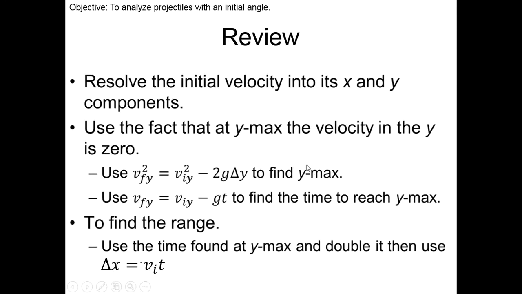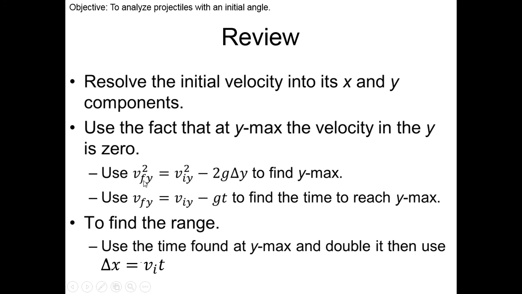Okay, so let's review this real quick and see if you can get a practice problem done here on your own. What we want to do is resolve the initial velocity into its x and y components. Then we want to use the fact that at y max, the velocity in the y is going to be 0. And if that's the case, we have only two equations that we can work with here.